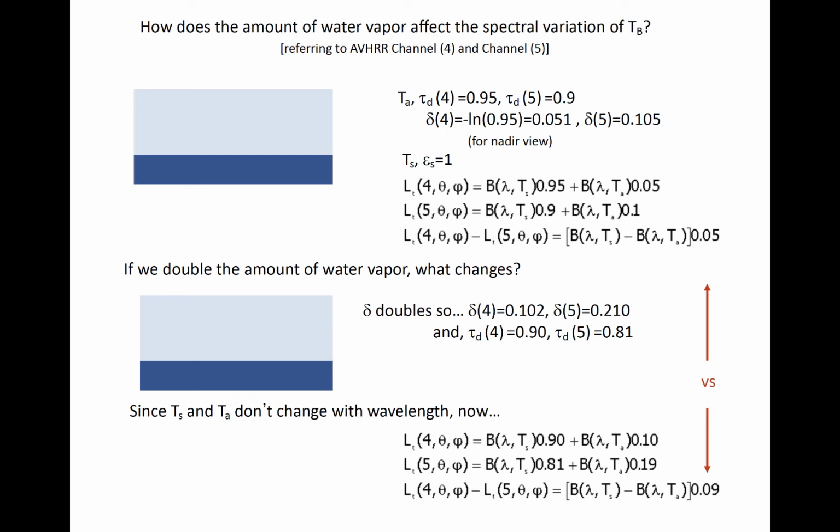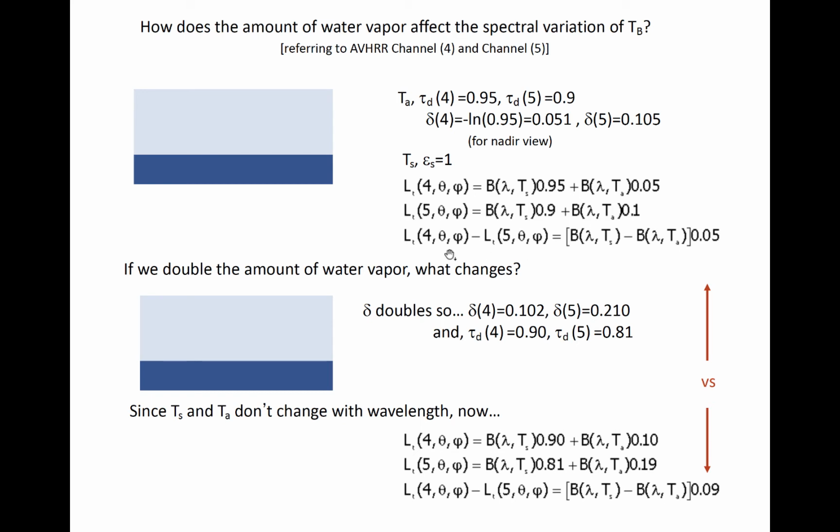In this case, we'll neglect the mu. In this example, we get vertical path optical thicknesses of about 0.051 and 0.105 for the 2 channels. The difference in radiances, therefore, is about 5% of the difference between the brightness temperatures.